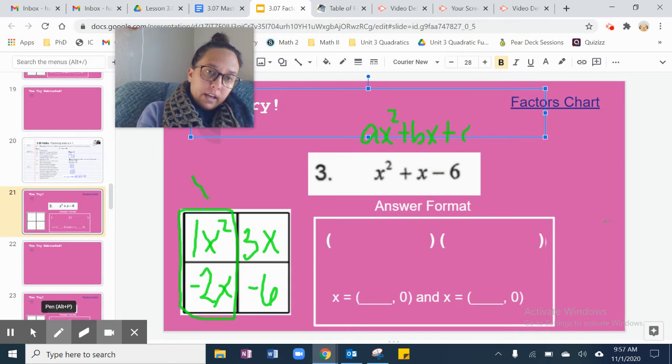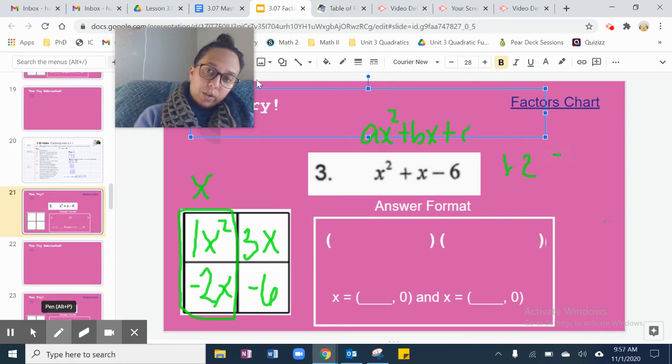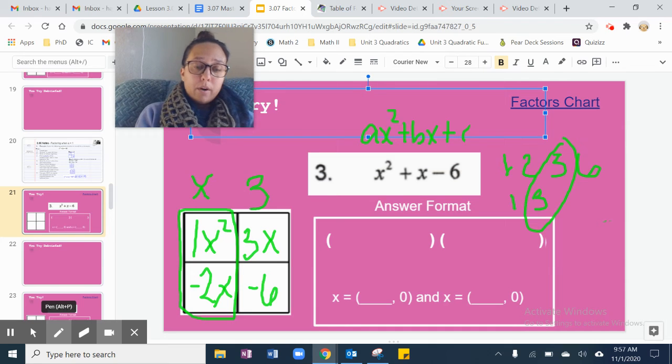So we'll pull out an x. 3x and negative 6. Well, we can't pull out an x, but the multiples of 6 are 1, 2, 3, and 6, and the multiples of 3 are 1 and 3. So what's the greatest common factor? 3. So we're going to pull out a 3, and remember, this is positive, this is negative, so we're pulling out a positive 3.